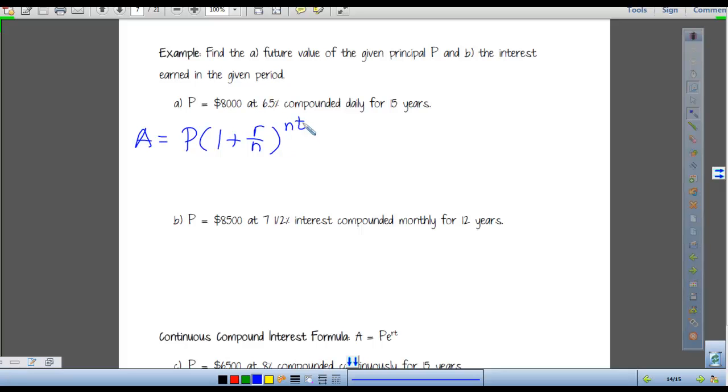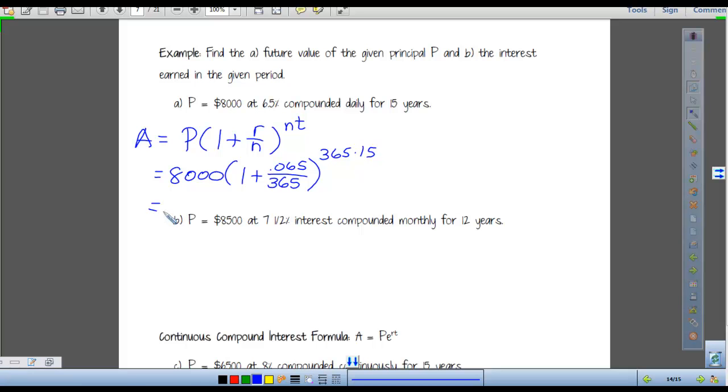Our principal is 8,000. Our interest rate is 0.065 divided by the number of times that we're going to compound, which is what in this case? Daily, so 365. And we raise that to 365 times 15.